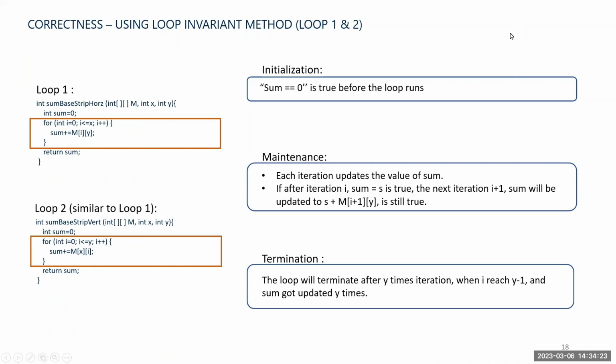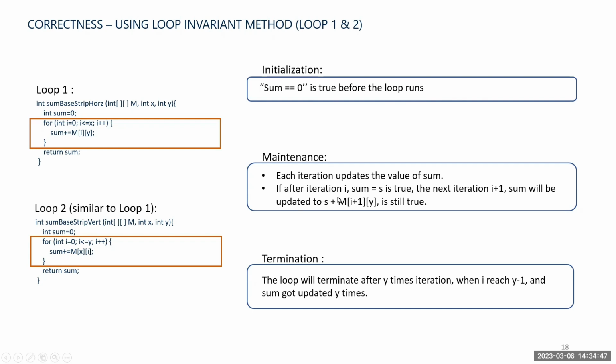Practice using the loop invariant method, loops 1 and 2. Loop 1 is this one, the horizontal base strip. Initialization: sum equals 0 is true before the loop runs. Maintenance: each iteration updates the value of sum.